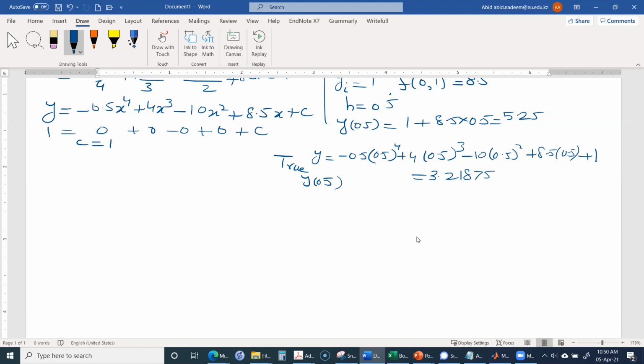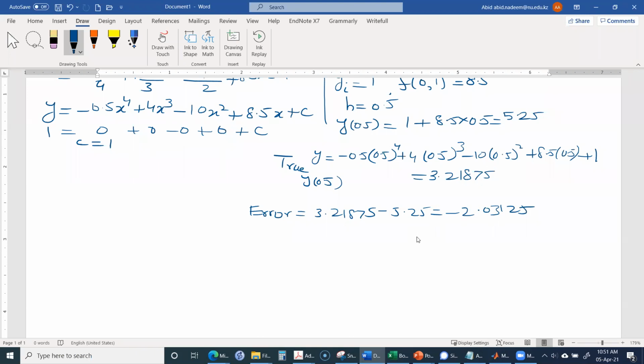But here you can see that the error is 3.21875 minus 5.25. So the error is minus 2.03125. Okay.